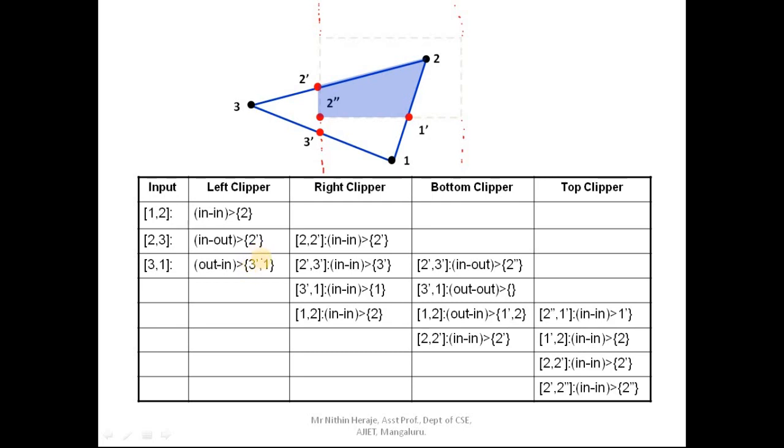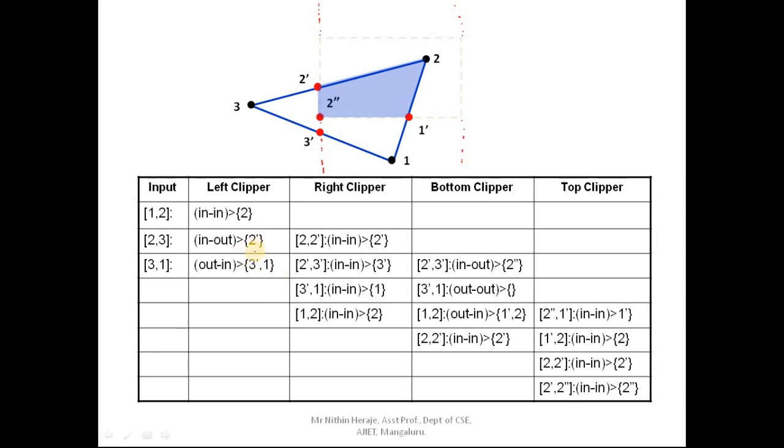Next 3 dash to 1 dash. Again you can see it here, 3 dash here and 1 dash here. Both are toward the left side of this line and both are treated as in, so the output is 1.